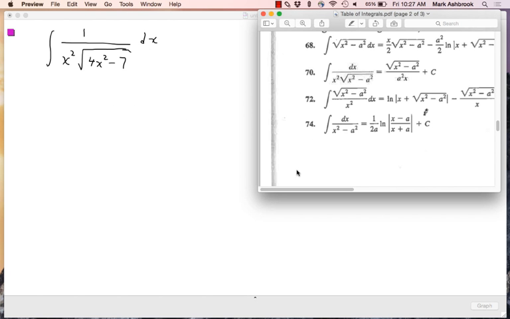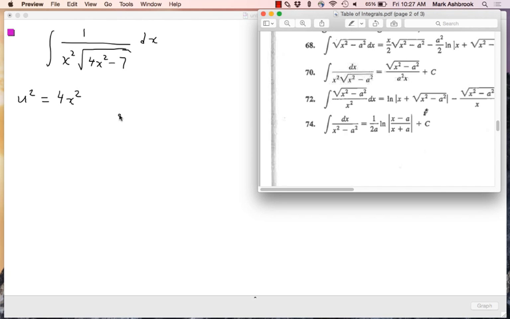So let's use u. What we want is our u squared to equal 4x squared. And that's what's going to govern what u is.